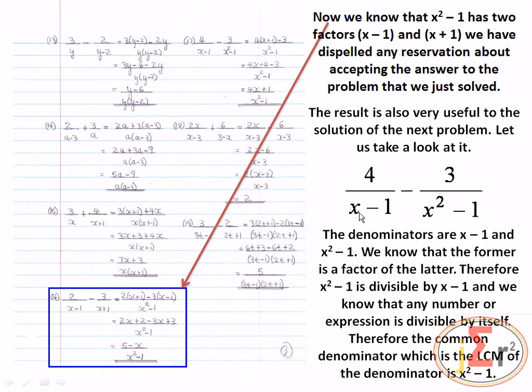And we know that x minus 1 is a factor of x squared minus 1, meaning that x minus 1 can divide into x squared minus 1 without leaving a remainder. So this can divide into itself without leaving a remainder, and this can divide into this without leaving a remainder. Therefore, x squared minus 1 is the common denominator.